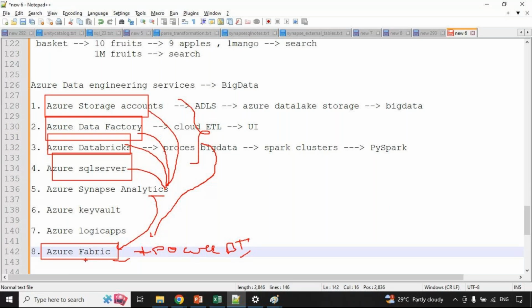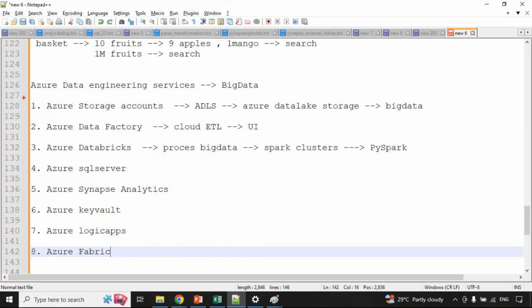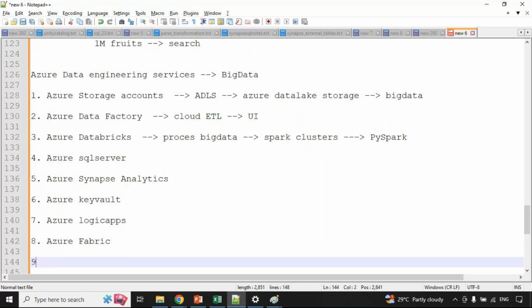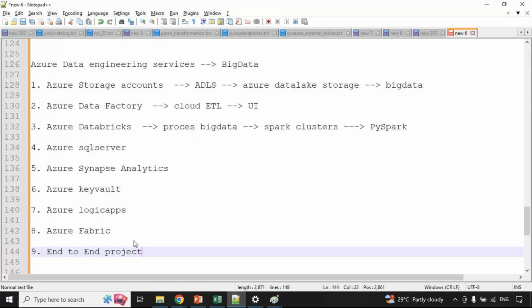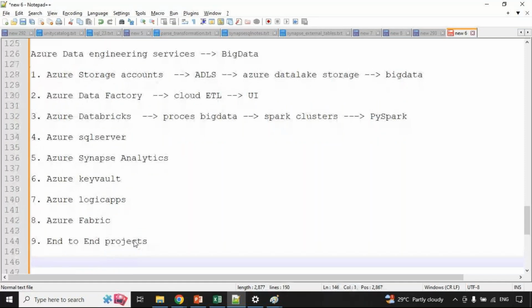That's why I'm going to cover these services individually, then what is integrated in the Synapse, and then I'm going for Fabric. After this, I'm going to discuss the end-to-end projects, guys.